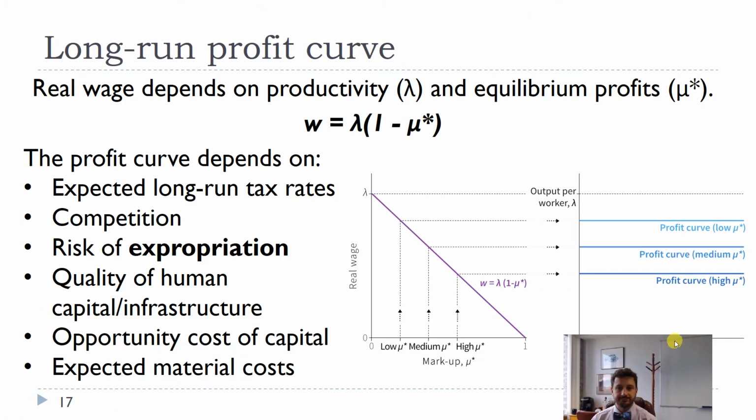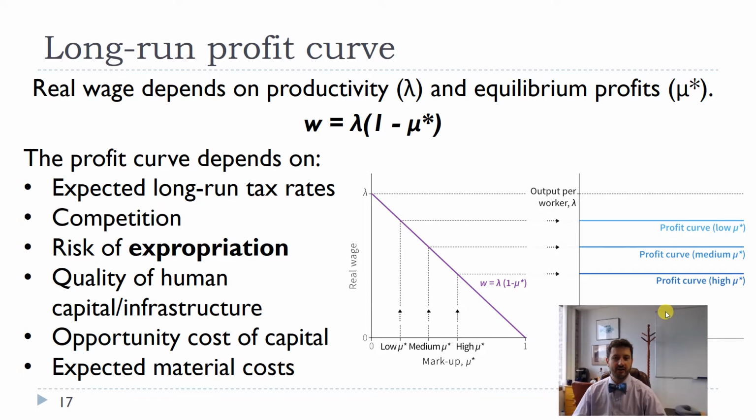So if we think about the long run profit curve, it's going to depend on a number of things. It's going to depend on what the tax rates are, on the level of competition, and, like we just spoke about, on the risk of appropriation. It depends on how good your human capital is, meaning how educated your workforce is, what their experiences and skills are, and the level of infrastructure.